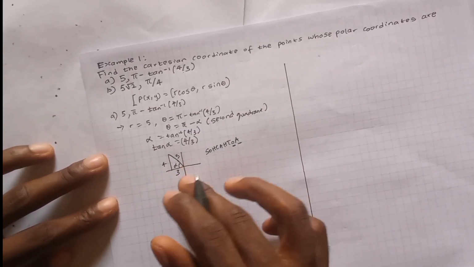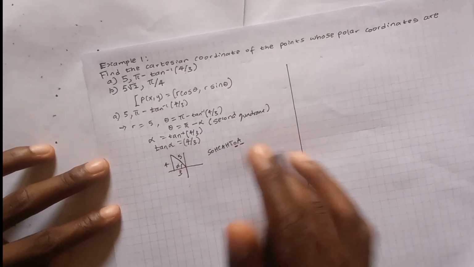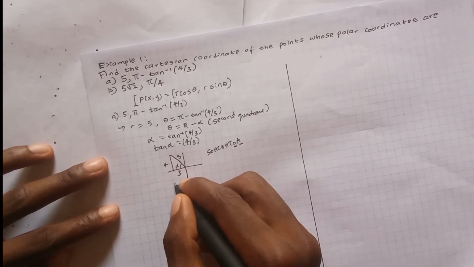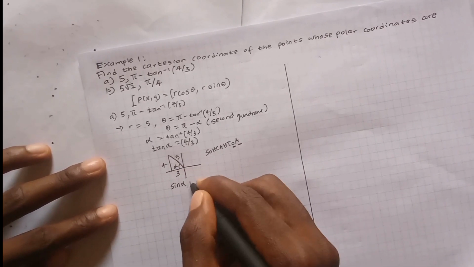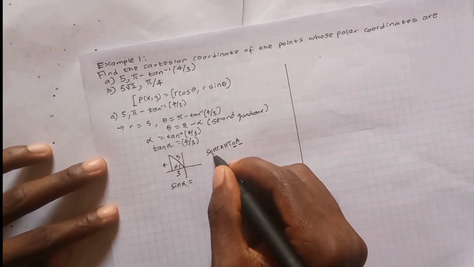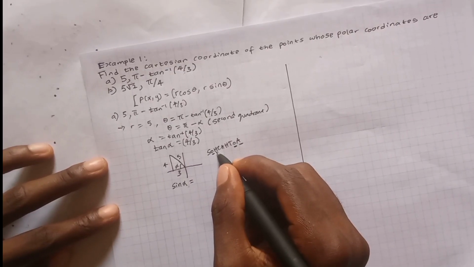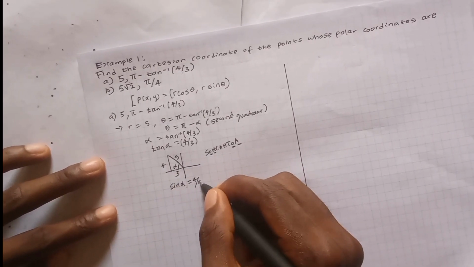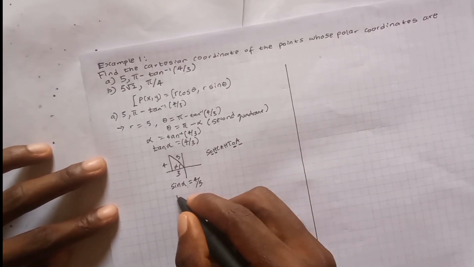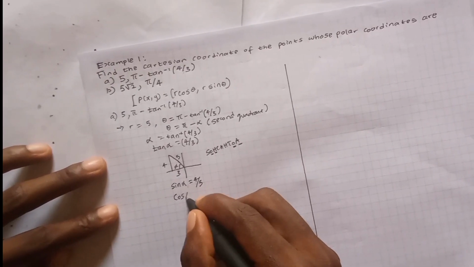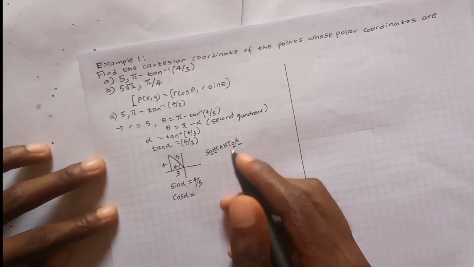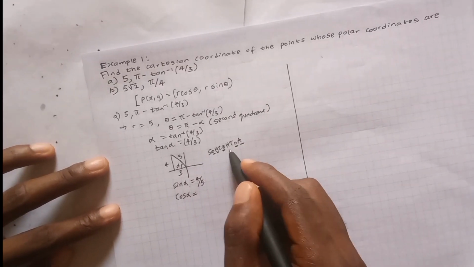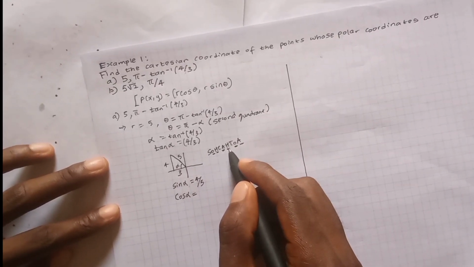So from here, we can derive a couple of things. We can say that sine alpha is opposite over hypotenuse. So what's your opposite? 4. And what's the hypotenuse? 5. You can also say that cos alpha is equal to adjacent over hypotenuse.